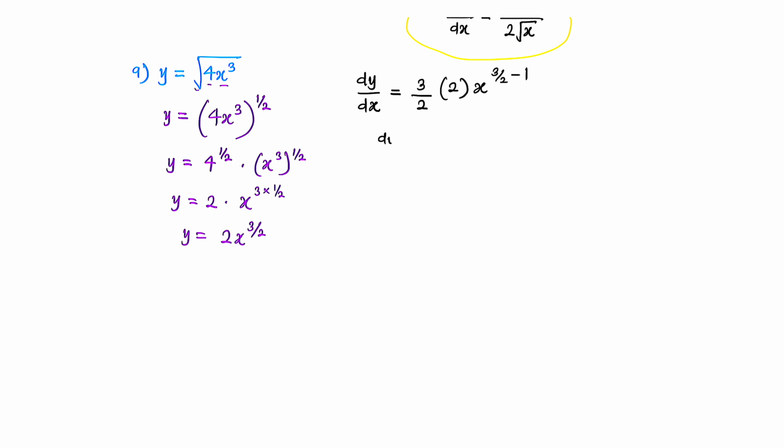So dy/dx equals 3 divided by 2 multiplied by 2. Of course, 2 will cancel 2. We are left with 3 x, 3 over 2 minus 1. So 2 times minus 1, that's minus 2. 3 minus 2, that's 1. So the answer is 1 over 2. 3 over 2 minus 1 is 1 over 2.